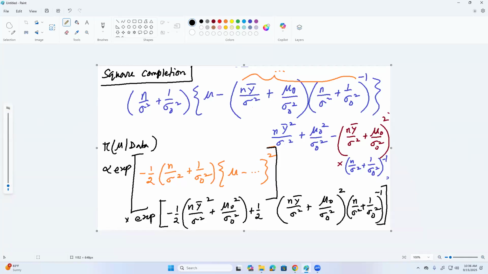So this is a constant term, and it does not contribute anything. No mu involved here. Data is there, but data is given. It is treated as a constant in the Bayesian inference. So I ignore.